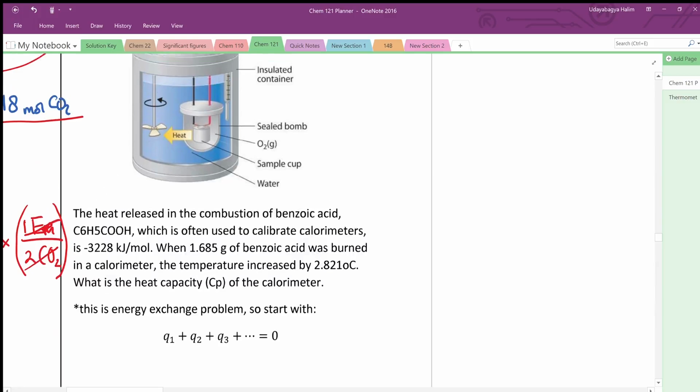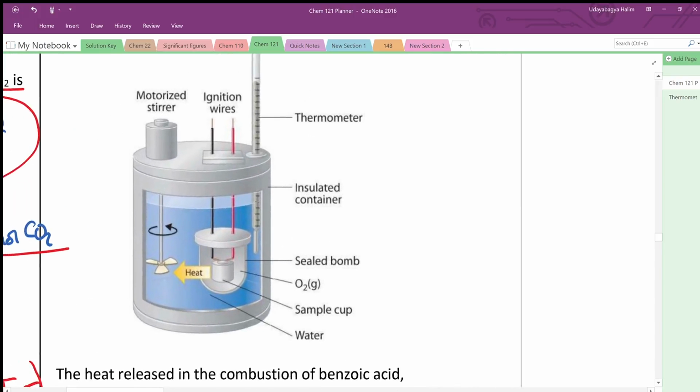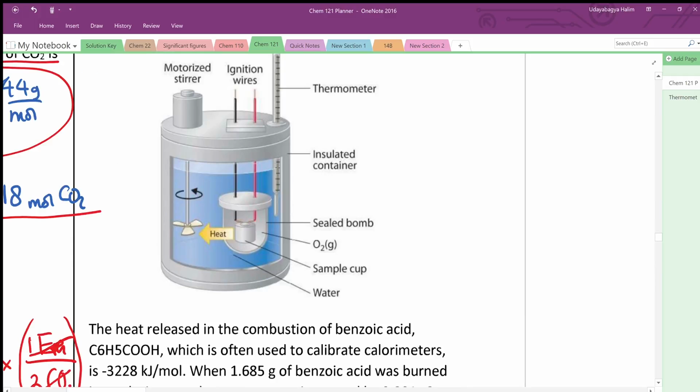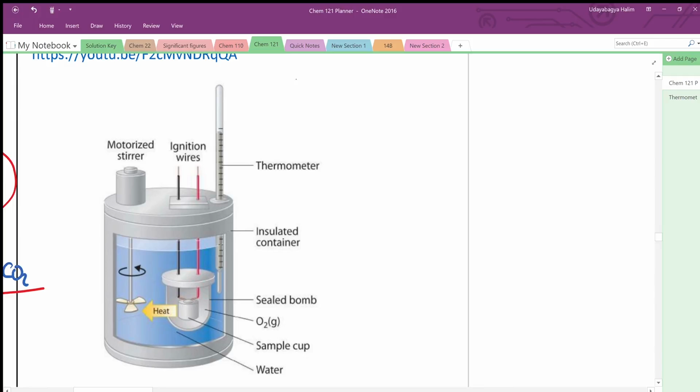Okay. So before we go into doing the calculation here, I just want to explain how enthalpy of reaction is measured. This is a thing called the bomb calorimeter. The setup pretty much looks like this.